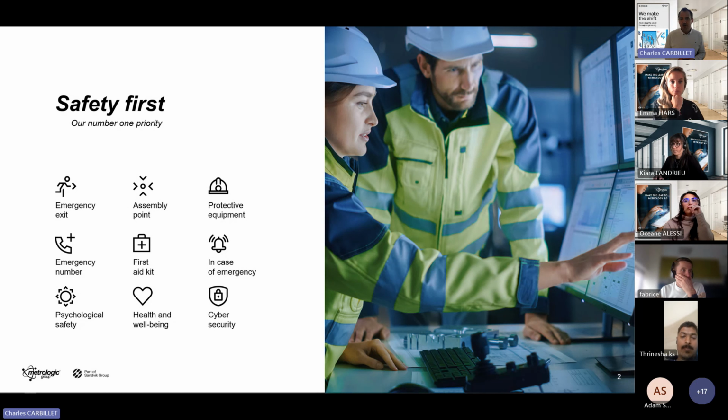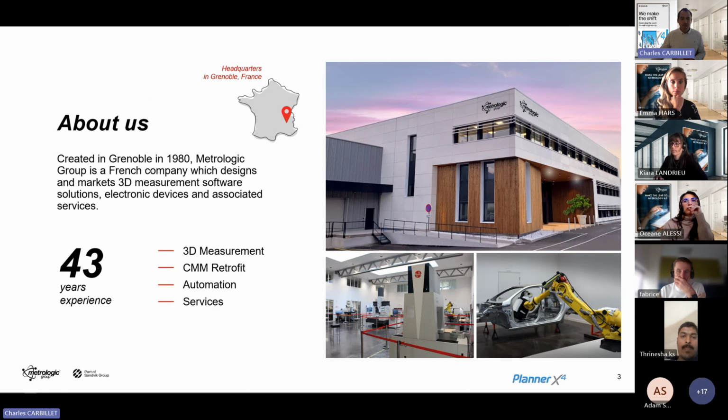I'm going to introduce you to Metrologic. We are located in Grenoble, in France. We are a French company, mostly oriented as a software editor. We have around 43 years of experience in 3D measurement, more CMM-oriented, automation and services.